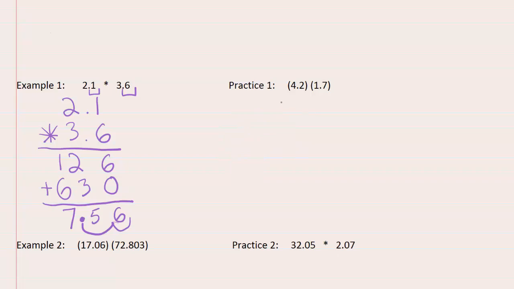Okay, so step number 1, we want to set this up to multiply just like in normal whole number multiplication. So we go to do this multiplication. We will have 2 times 7 is 14, carry the 1, and 7 times 4 is 28, plus 1 is 29.